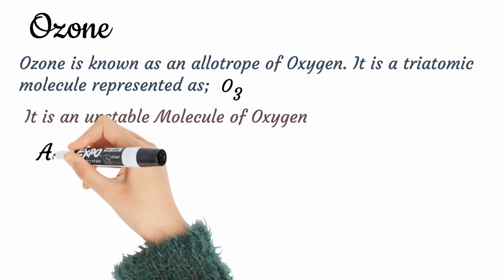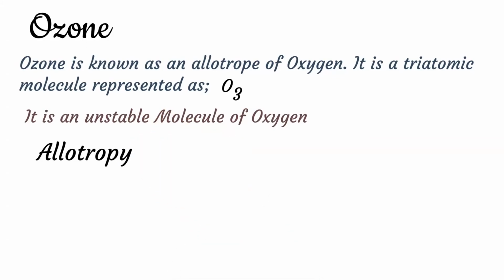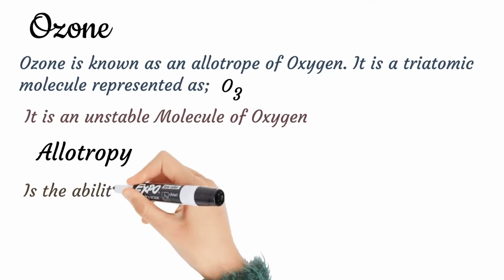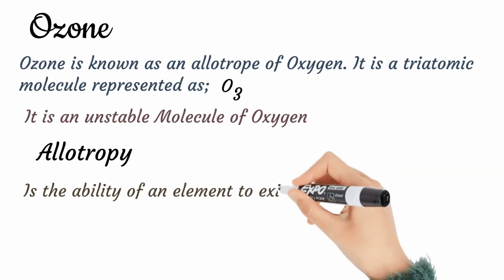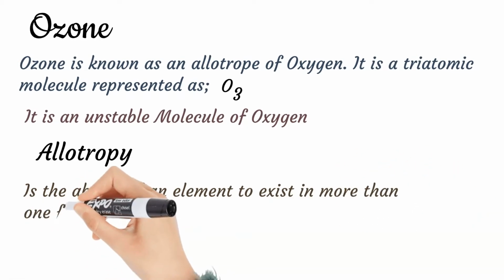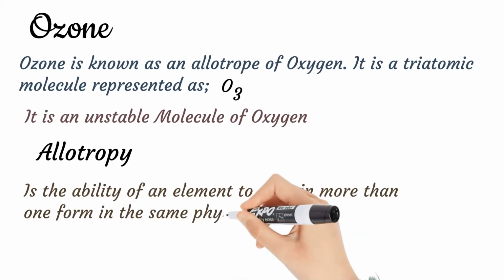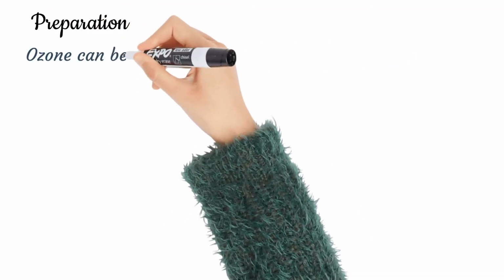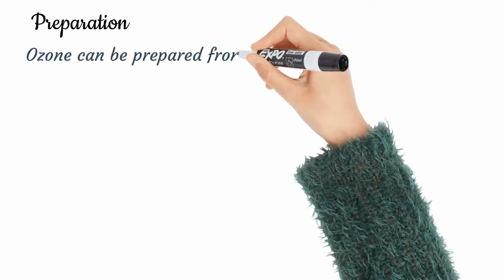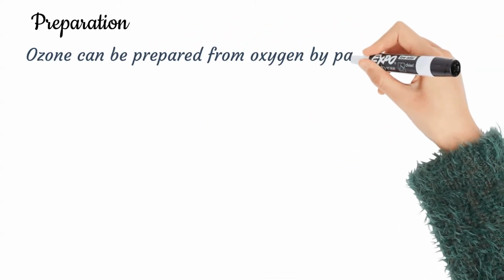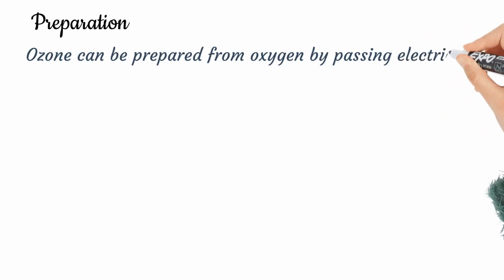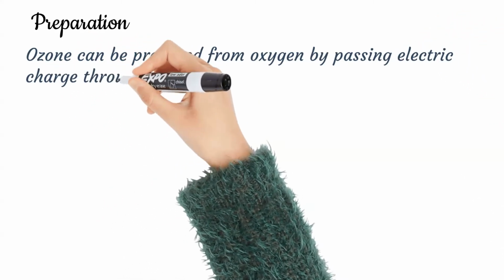Now, allotropy is the ability of an element to exist in more than one form in the same physical state. Now, preparation of ozone. How do we prepare it? Ozone can be prepared from oxygen by passing electric charge through it.